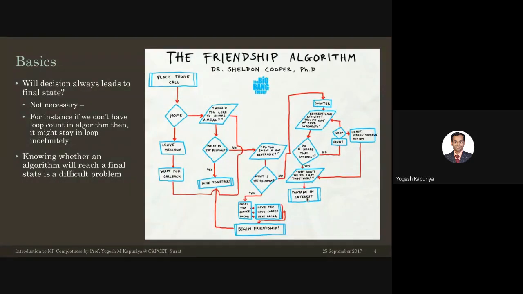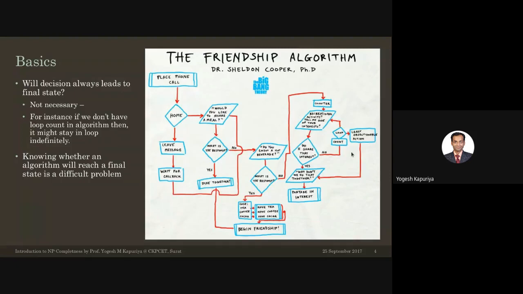So you can go via that path and start thinking of friendship. But if there is no common interest between those two people, then you ask another question, and another question, and another question. So this is actually a variable, and it's kind of an infinite situation.